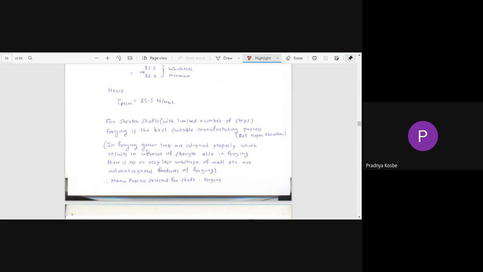In forging, grain lines are aligned properly, which results in an increase of strength. Also, in forging, there is no wastage of material, so we'll use forging as the manufacturing method for the shaft.